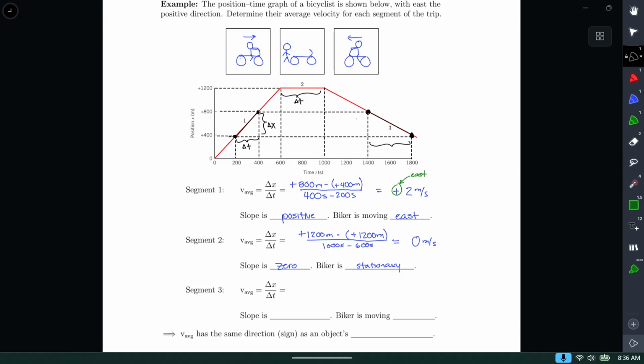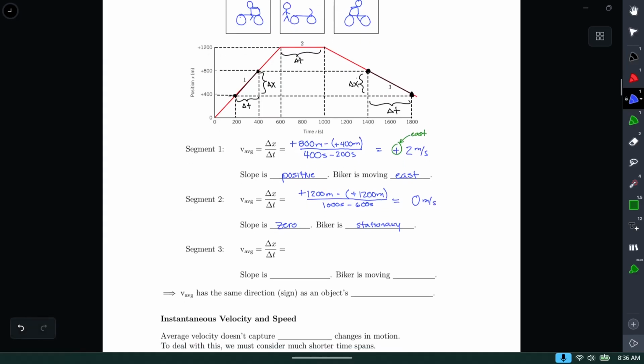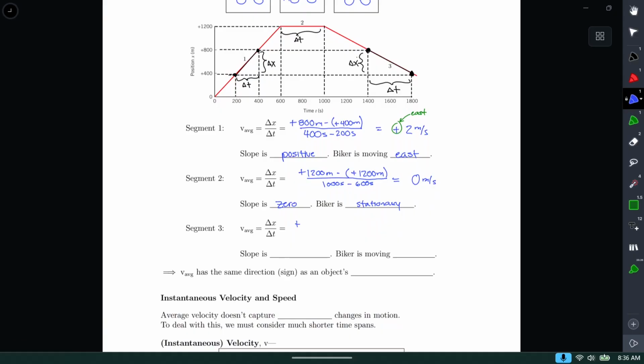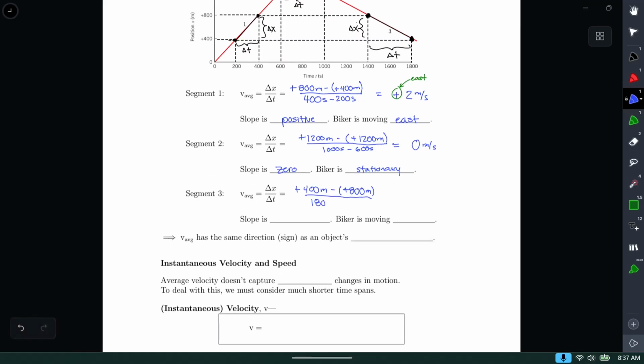Again, this is my delta t, and this is my delta x, and it's going to be negative this time. So it will be, he ended up at positive 400 meters. He started at positive 800, and the final time was 1800. The initial was 1400. So we get, looks like, -1 meter per second.